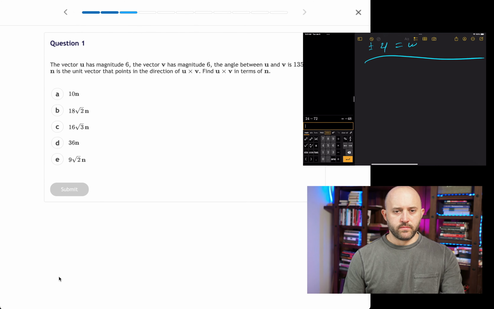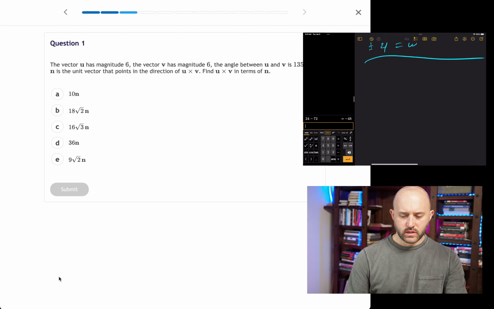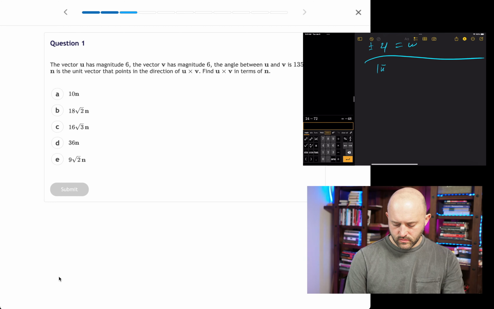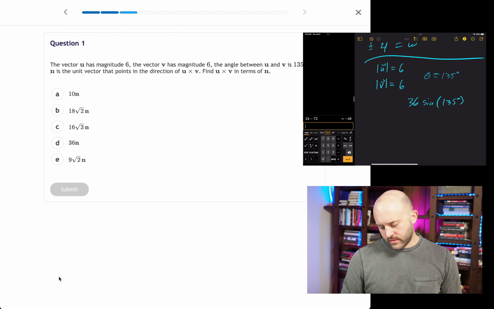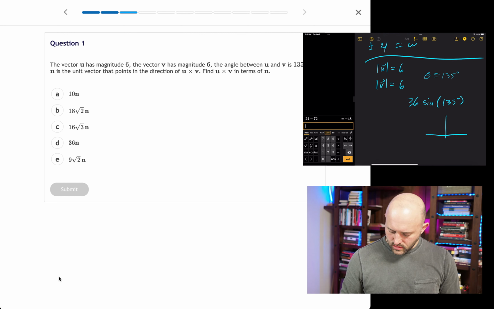All right, question 1. u has magnitude 6, v has magnitude 6, theta is 135 degrees, and we want the answer in terms of n. So 36 times the sine of 135 degrees, which is 45 plus 90, so we're over here.